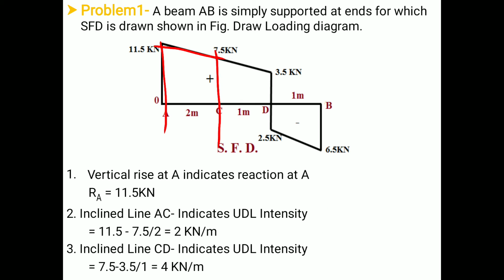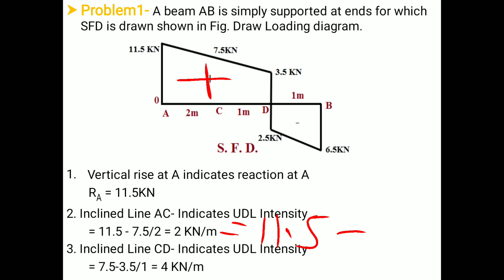This is a very important concept for calculating the loading intensity of UDL: the change in shear force between the 2 points divided by the distance in which the change is taking place. We have considered positive 11.5 because it is in the positive region.